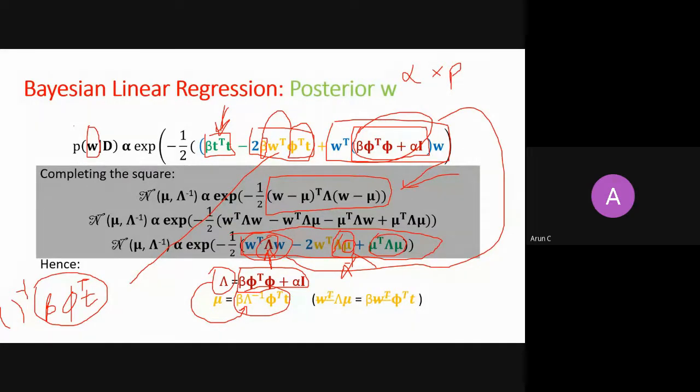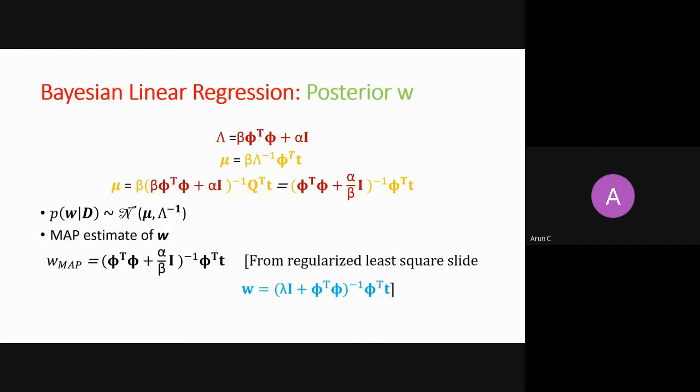The point that you should take from the slide is that we are deriving a posterior distribution of our parameters, and the posterior distribution is again a Gaussian distribution with a certain mean and covariance matrix, which we have just derived. This is my covariance matrix. When I multiply the inverse of the covariance matrix with the linear terms, this is nothing but the mean.